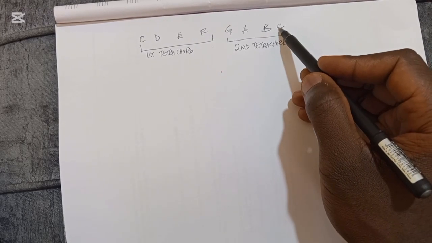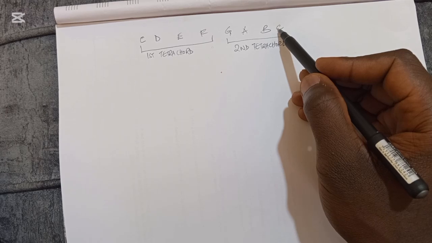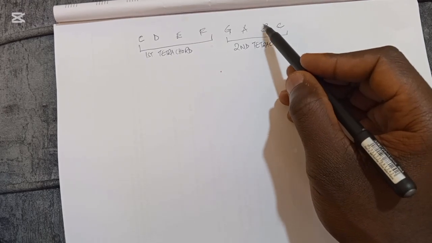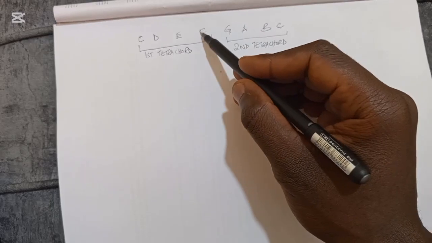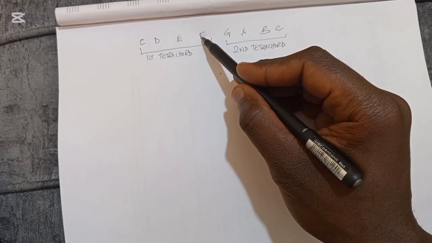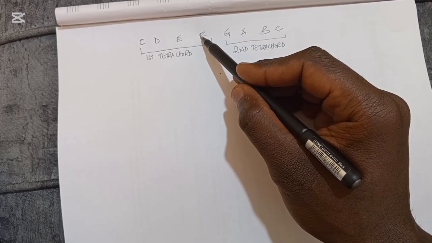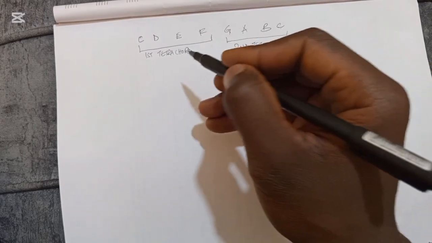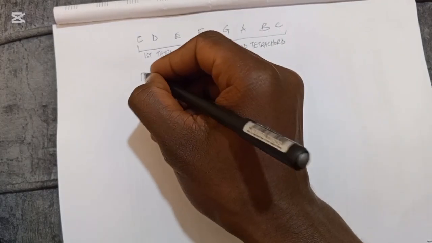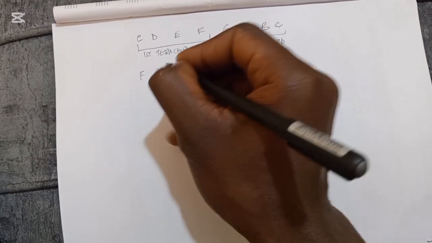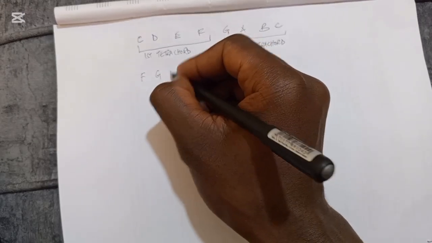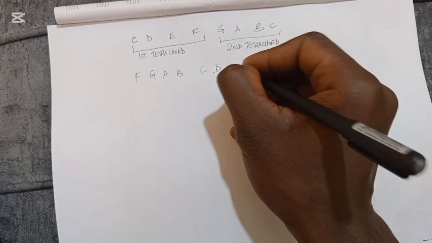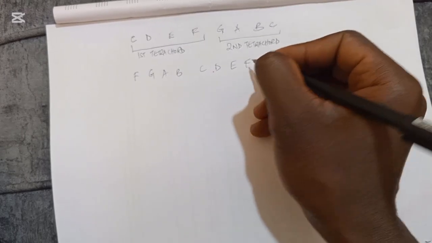If you count backwards 5 steps from C, the first, second, third, fourth, and the 5th, the 5th going backwards leads us to F. So we are going to start our next key from F. We have F, G, A, B, C, D, E, then F.